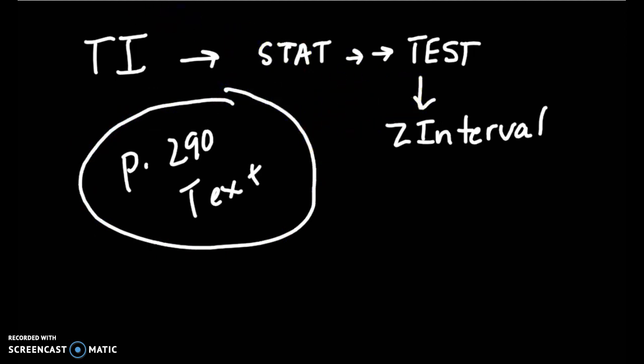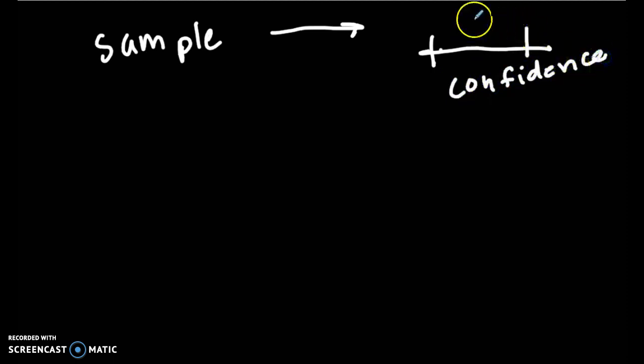Again, at the end of this chapter, there's something very important. I keep saying everything is important, but I guess it is. Think about what we just talked about. We took our sample and used it to come up with an interval. We call this a confidence interval of where we're fairly sure mu lives.